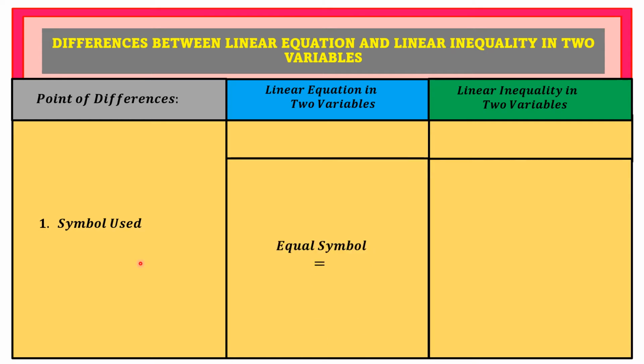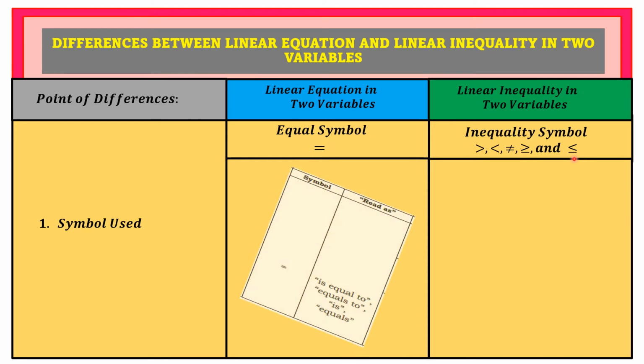Symbol used. Okay? For linear equation, ang gamit natin ay equal symbol. And then, for linear inequality naman, ang gamit natin ay itong mga symbols na to, tulad kanina: greater than, less than, not equal, greater than or equal, and less than or equal.